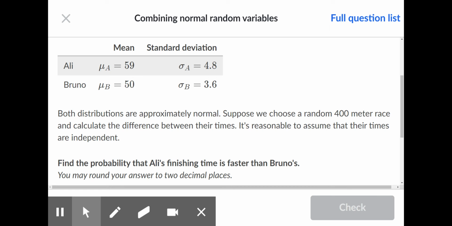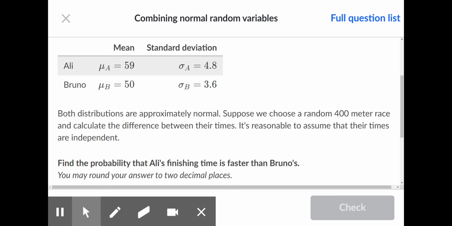Do you see now we can combine variable A minus variable B, and you can let it be D. Let D equal A minus B, because we now need to find the standard deviation of D. D is a new random variable that involves A minus B, which also means that the mean of D equals the mean of A minus the mean of B. The mean of A is 59, so it's 59 minus the mean of B, which is 50. So this is 9.